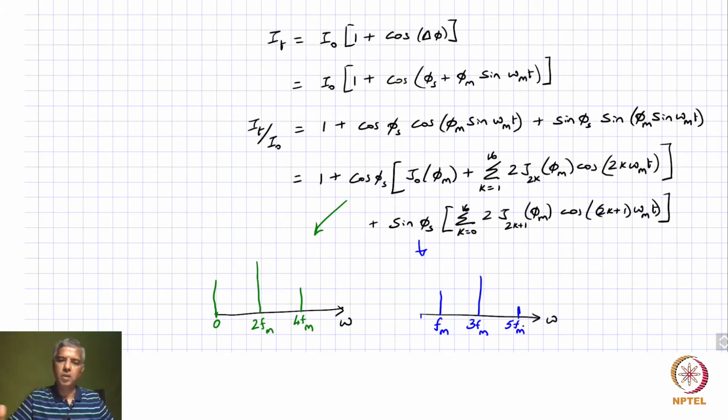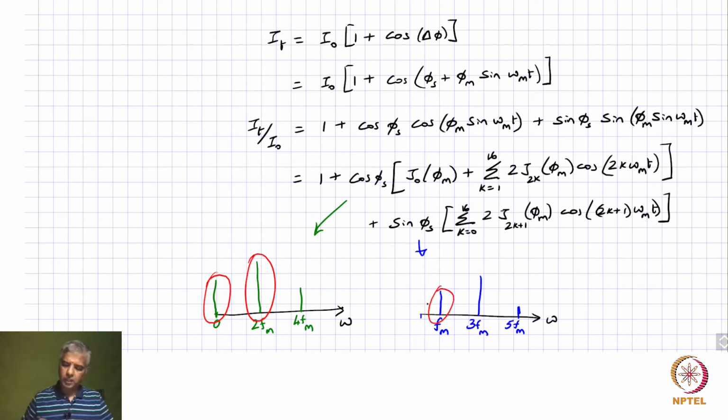So now you can pick up either the ratio of this component and this component, or like what we did previously, the ratio of this component versus this component. So that can essentially give you the phi s.